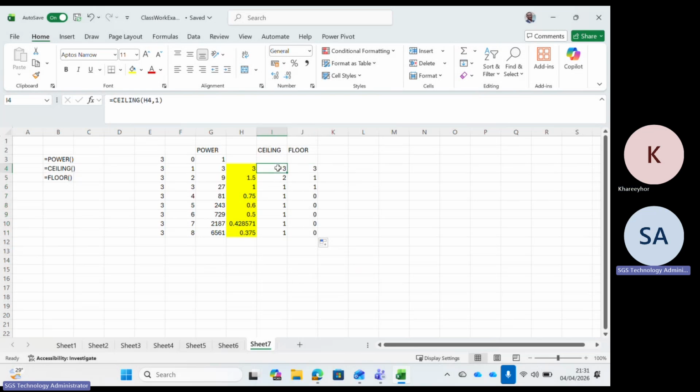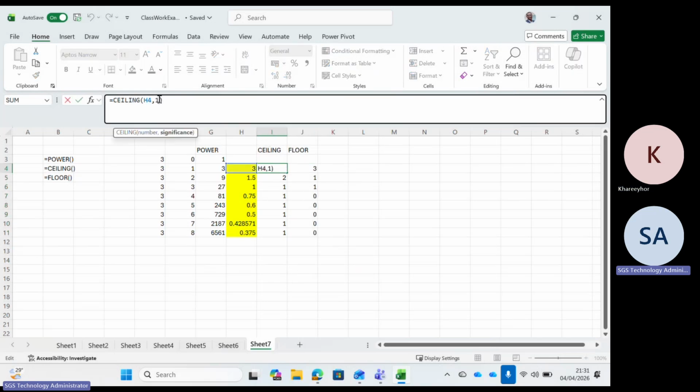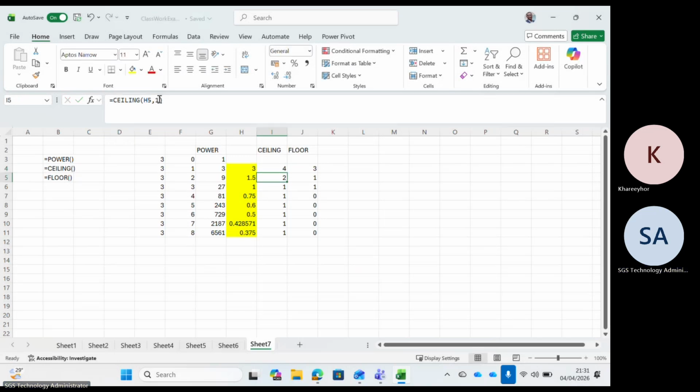Let's see what happened to them if we use 2 decimals, or 2 significance levels. See what happened to this one. It rounded it up 2 places. See the difference? So that's how to do that.